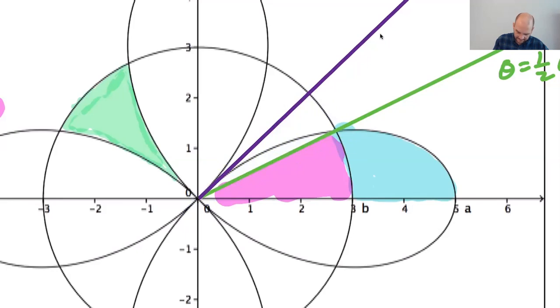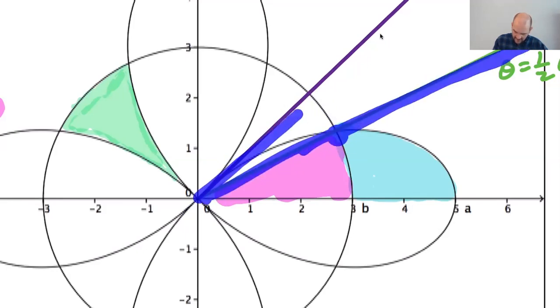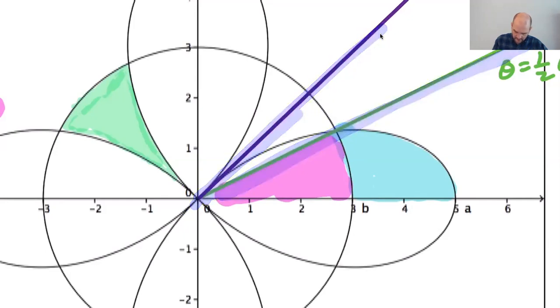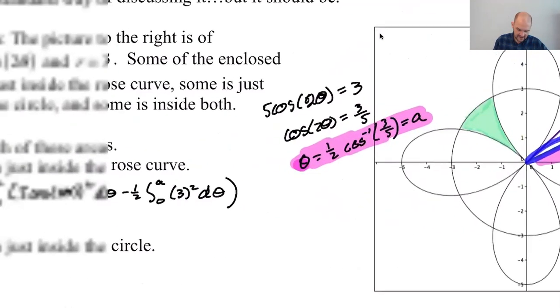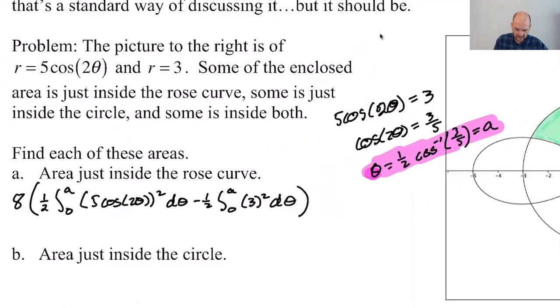So I'm gonna do the circle from what we call A to pi over 4. And then I'm gonna subtract off the rose curve from A to pi over 4. The real question is, at pi over 4, are you getting r equals 0 for your rose curve? Well, 2 times pi over 4 is pi over 2. The cosine of pi over 2 is 0, so yes, you are. So that's what I'm gonna do.